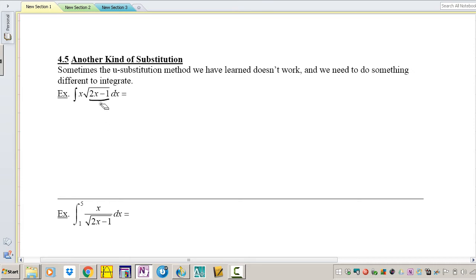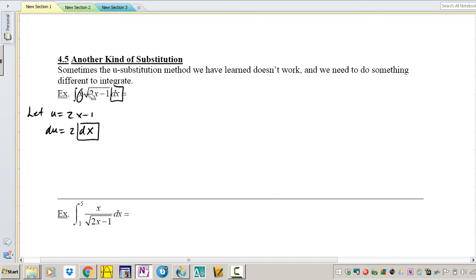For example, if I was a student and I thought, oh, I can do this pretty easily, let u equal the inside. du is equal to 2 dx, and then I have a problem. I have an x dx. The 2 is no problem, I can divide by 2, but I'm missing an x to replace with.